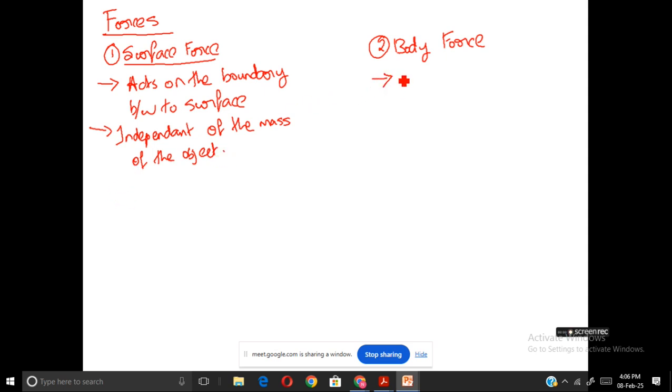And then we have body force, which acts on the center of mass of an object, and it is directly proportional to the mass of the object.